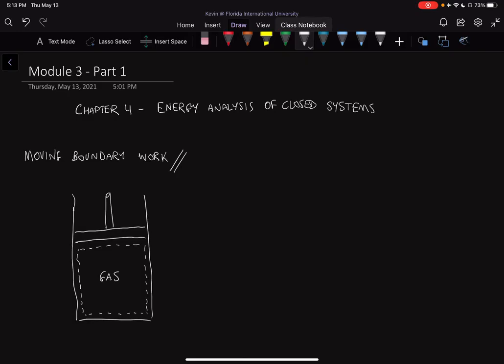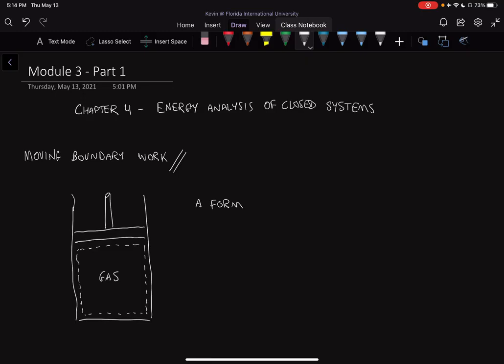And moving boundary work can be defined as a form of mechanical work frequently encountered in practice and is associated with the expansion or compression of a gas in a piston cylinder arrangement. So it defines expansion or compression of a gas in the piston cylinder arrangement.